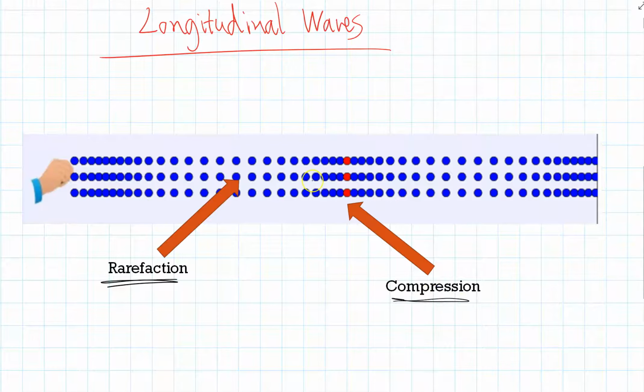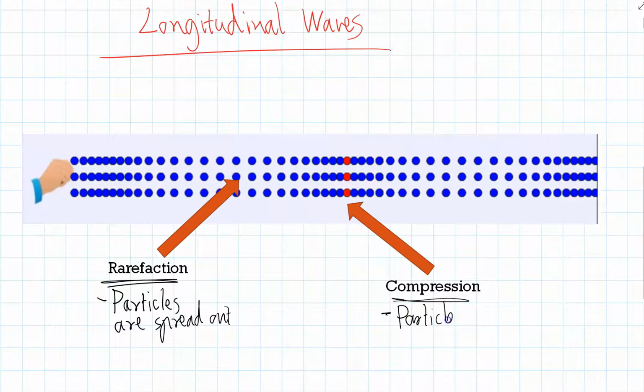So in a longitudinal wave, there's parts where the particles are spread out more, and we call those the rarefactions. So here in the rarefaction, the particles are spread out. And then the other part of the wave are regions where the particles are really tightly packed together, and that's called the compression of the sound wave. So particles are tightly packed.